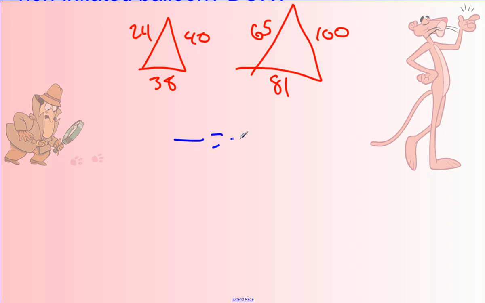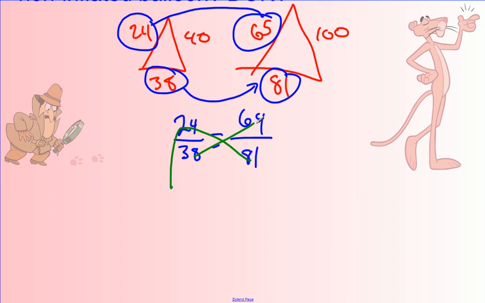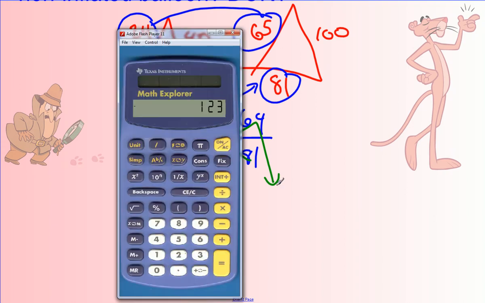So we take a proportion. I'm going to pick a couple sides at random. I'm going to use those 2. Why not? So 24 corresponds to 65. 38 corresponds to 81. And if I cross multiply, and if I get the same thing on both sides, then they are similar.